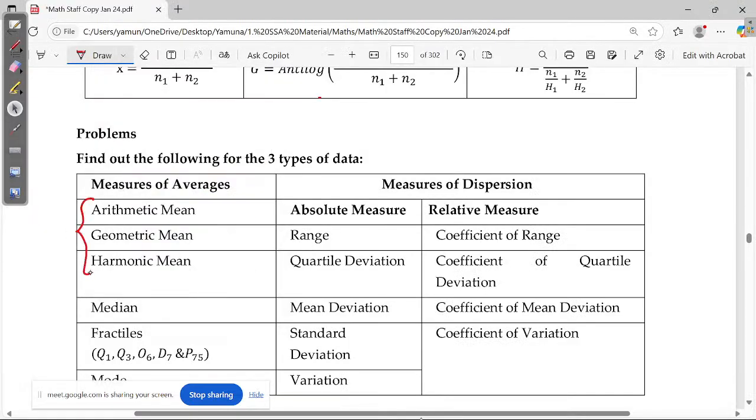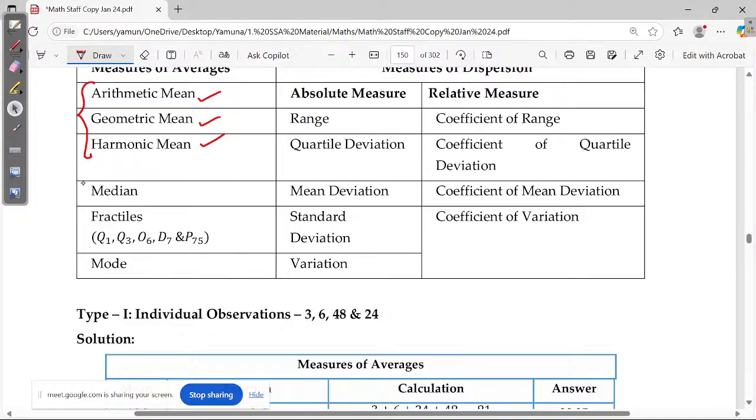We calculated all the 3 means, right? Arithmetic mean done, geometric mean done, harmonic mean done. When you go for positional average, we'll find median, and all other things are named as fractiles. Among fractiles we'll find quartiles, octile 6. We are not going to find O1, O2, everything. We are going to find O6 alone. Then we'll find D7, P75.